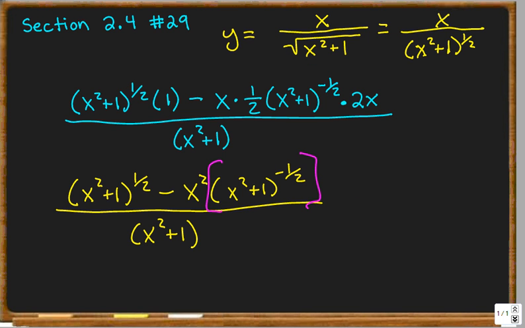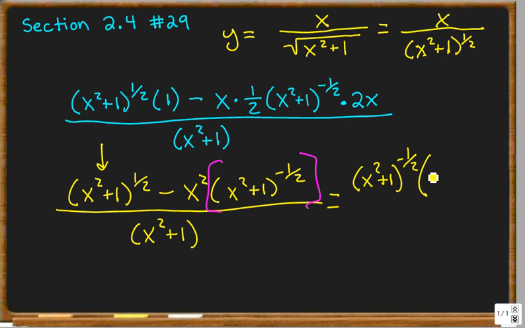So I'm going to set this up equals, and I'm going to take out an x squared plus 1 to the negative 1/2. That's taking care of a few things for me already. If I then decide to multiply, over here I have exactly one x squared plus 1 left. The difference between 1/2 and negative 1/2 is 1. Remember, when I multiply things with the same base and different exponents, I add them.